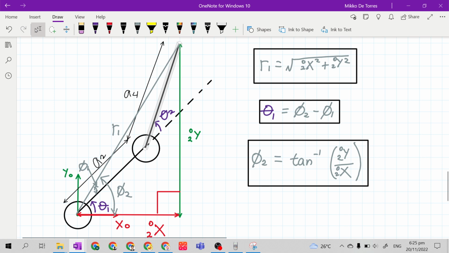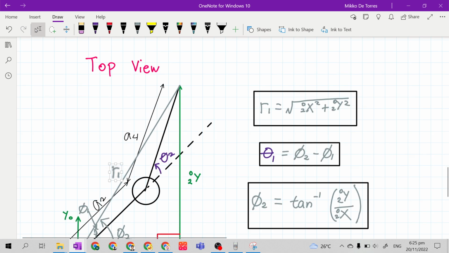We already know the value of each side. a sub 4 is given, a sub 2 is given, and we can solve r sub 1 using the Pythagorean theorem.